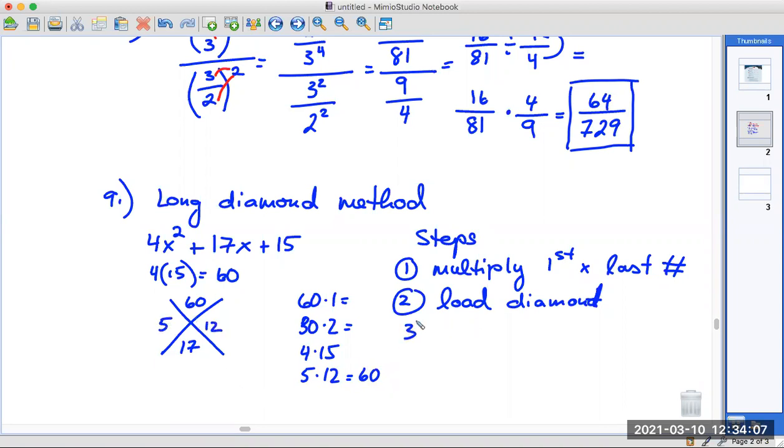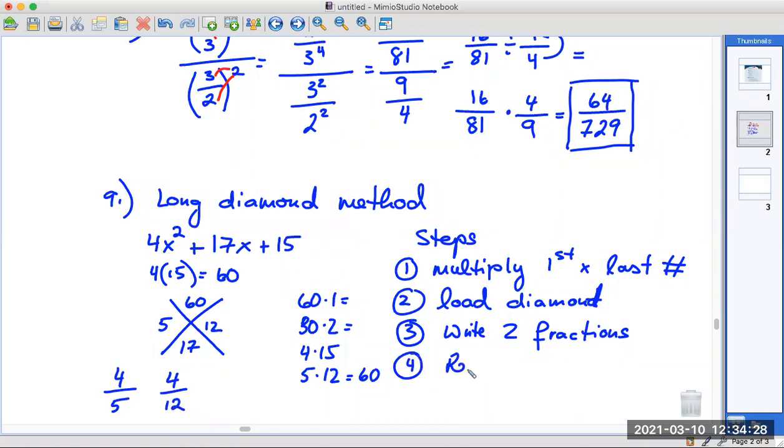The next step is you write two fractions. And the 4 goes on top and the numbers you found on the bottom. Then you reduce the fraction if possible. But you always want to keep it as a fraction.